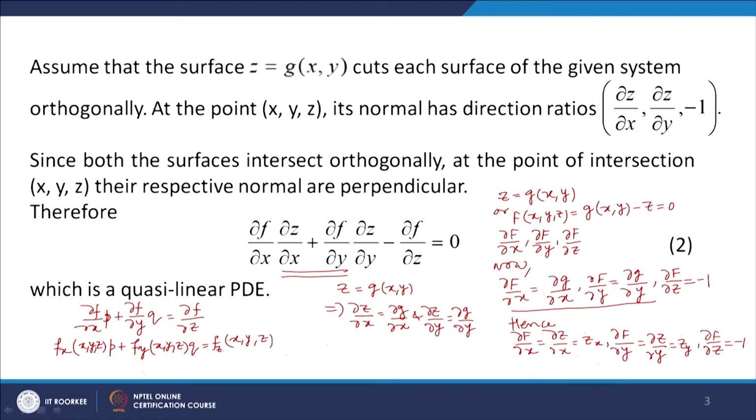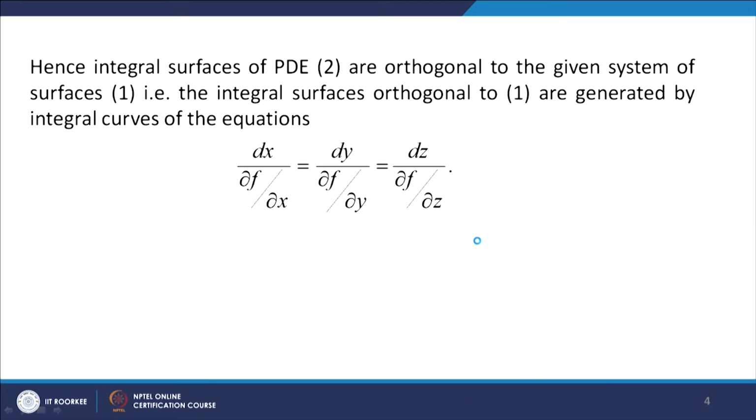So this equation can be interpreted as a first order PDE, f_x p + f_y q = f_z. Hence the integral surfaces of equation 2 are orthogonal to the given system of surfaces, that is, those given by equation 1.